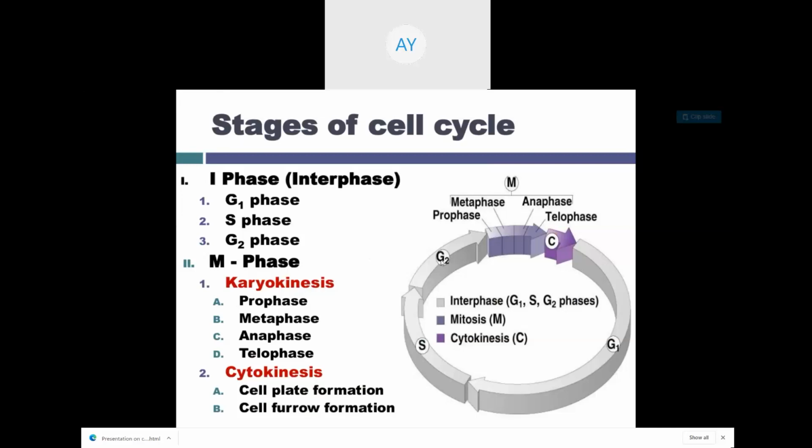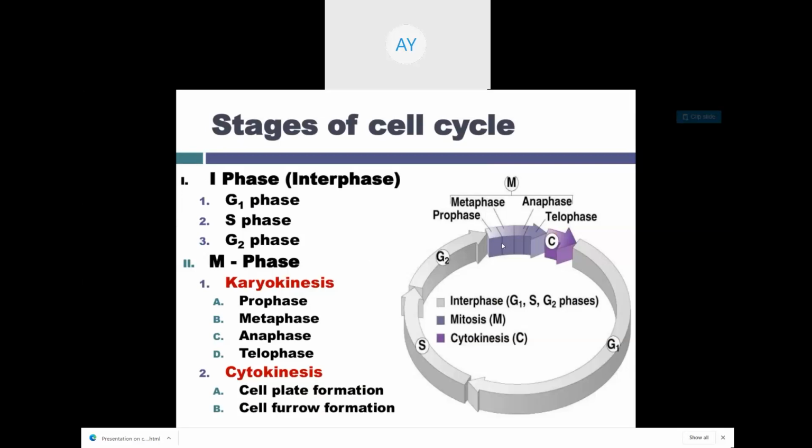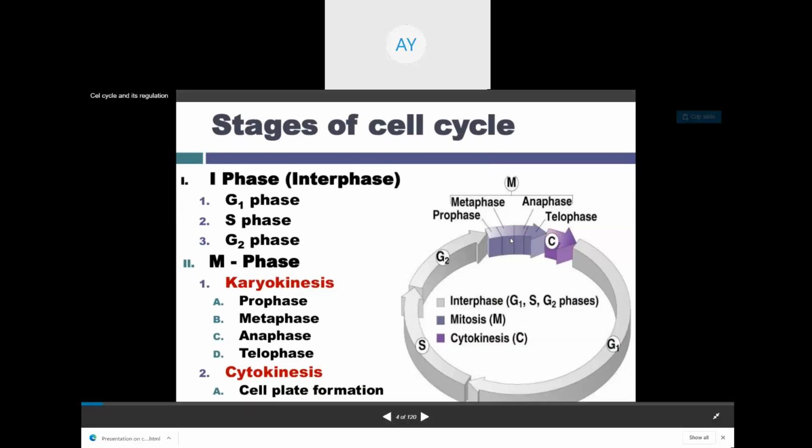After getting sufficient protein, DNA, and RNA, only then will the cell enter M phase. The first event of M phase is prophase, then metaphase, then anaphase, then telophase, which includes karyokinesis followed by cytokinesis.